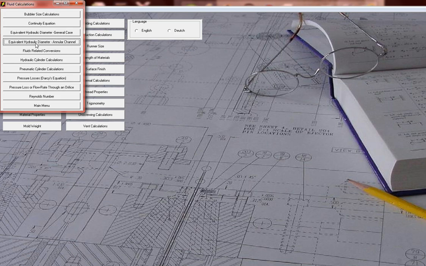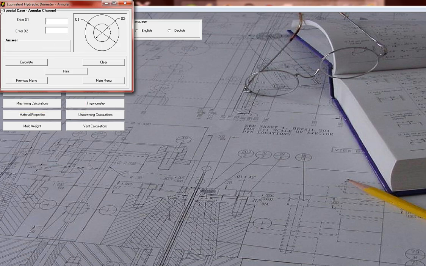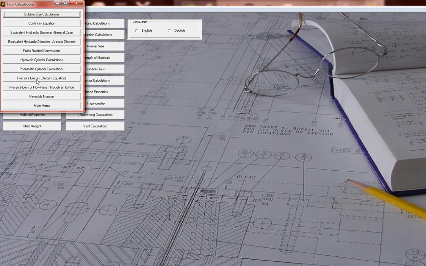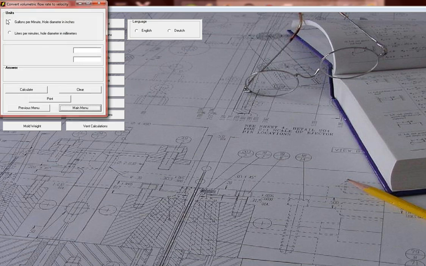That's a general case. There's the specific simple case for the annular passage, and you just enter in the 2 diameters and the calculation is done for you. You have some conversions that are based on gallons per minute and liters per minute, and it just changes them to velocity.